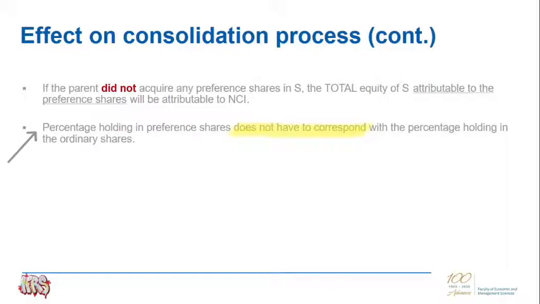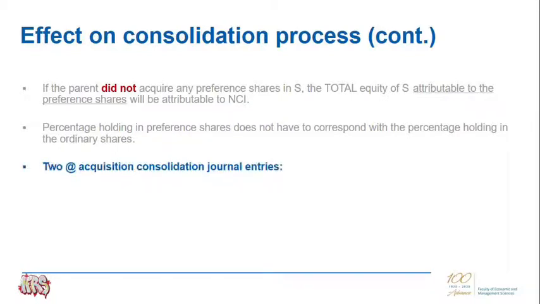And because the percentage holding is different, you have to split the equity of the subsidiary out into the equity attributable to the ordinary shares so that you can attribute that based on the respective percentage shareholdings, and into the equity attributable to the preference shareholders so that you can attribute that in accordance with their percentage holding.